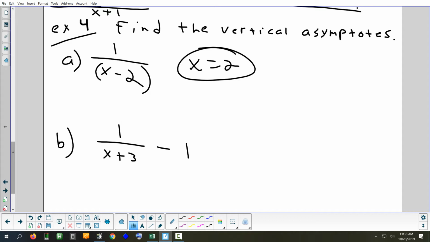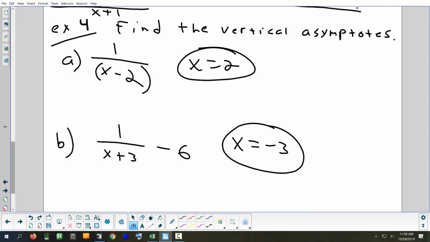Where's my vertical asymptote here? x equals negative 3. Now, what if I did this? Make this plus 1, or minus 1, make it a minus 6. Where's my vertical asymptote now? Still x equals negative 3.